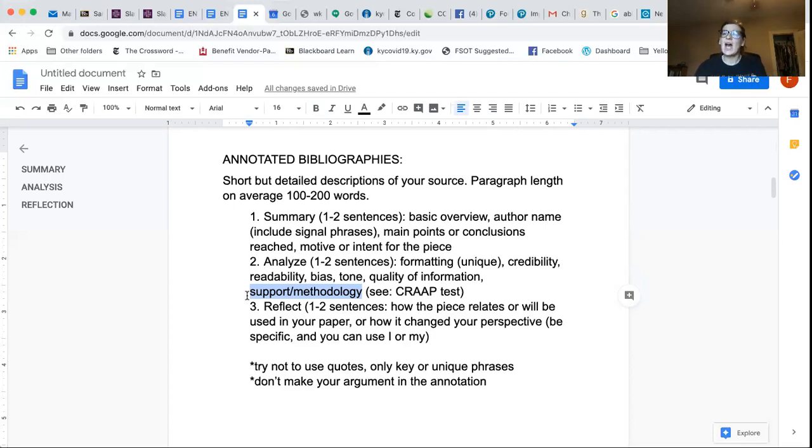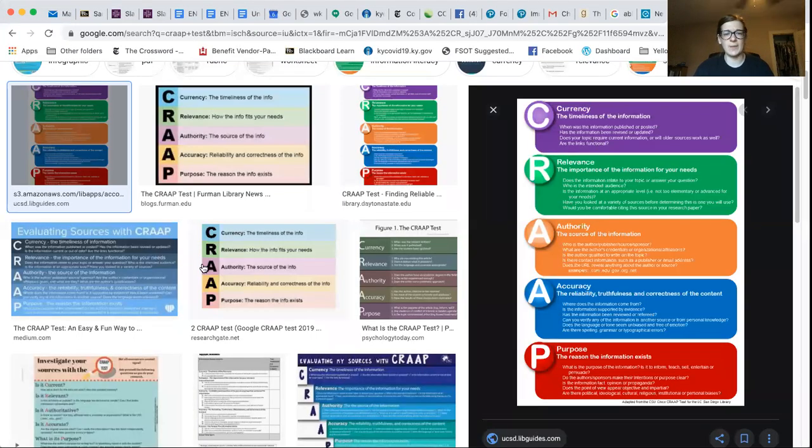And if you really need help on this analysis, something I recommend is a CRAP test. Maybe some of you were introduced to this in English 100 classes, your basic composition courses, and it's a really good tool, particularly I think for the annotated bibliographies. If you Google CRAP test, a few things will come up, particularly under images, things that look like this.